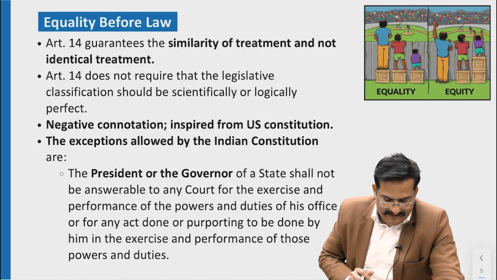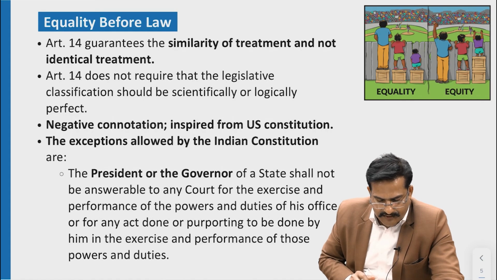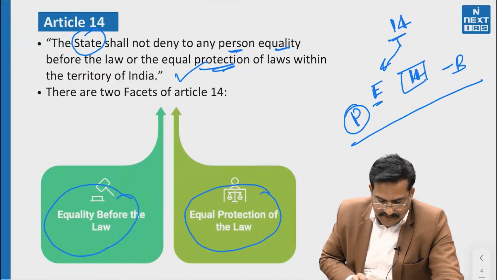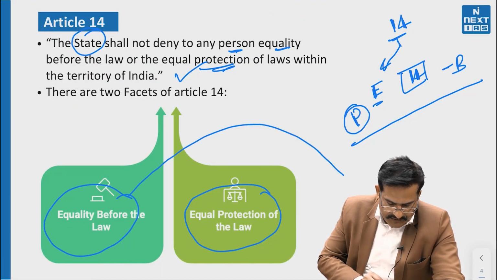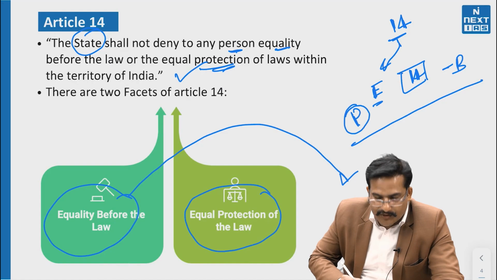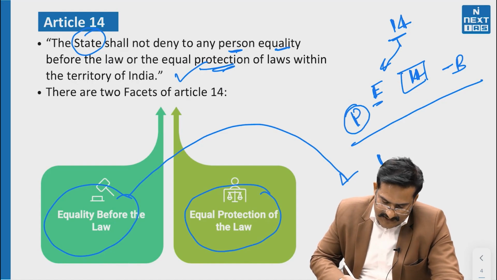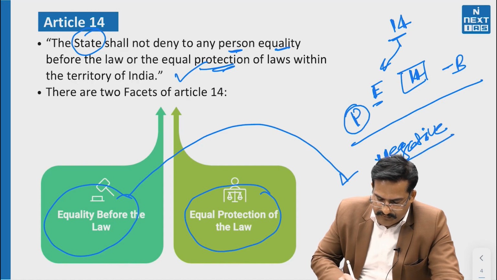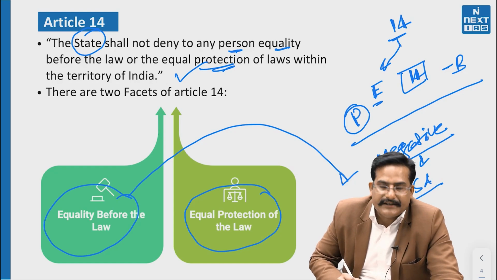Now as we discussed, there are 2 facets of the article 14. Will give the example of both the facets. If you talk about the equality before the law, in the political language it is considered a negative right. It is a negative connotation and it is inspired from the Constitution of the USA, that is the United States of America.